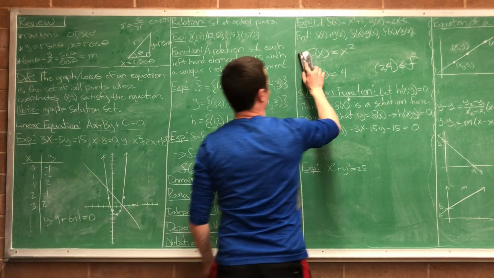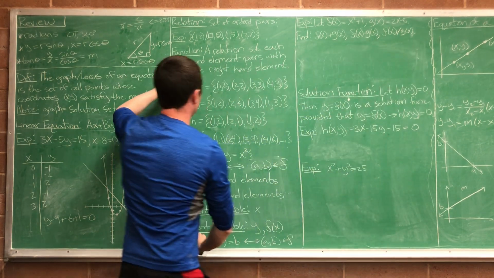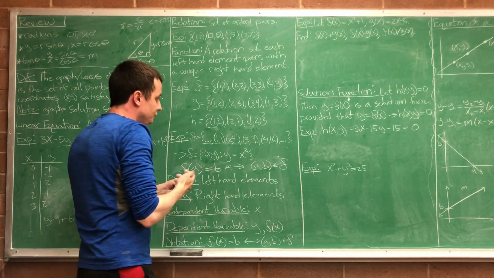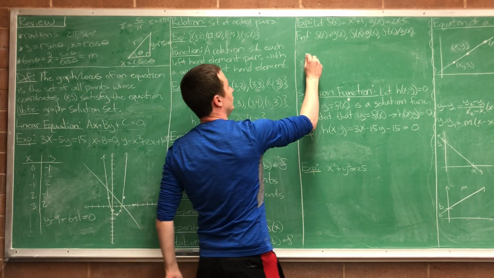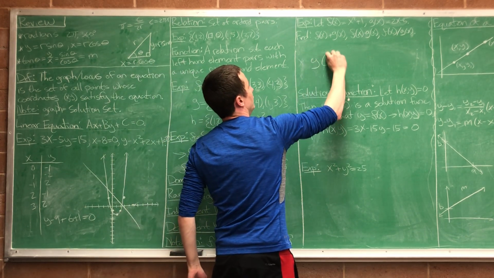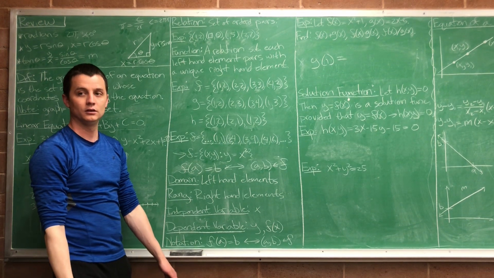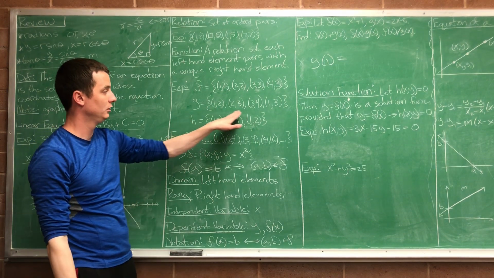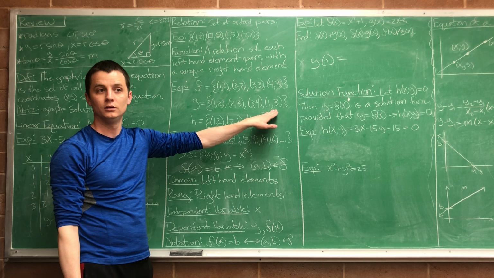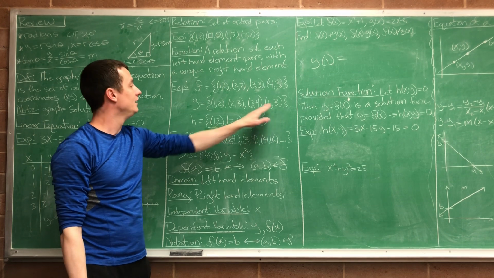Let's try a couple more with this notation. Looking at these right here, f, g, and h. What happens if I ask you for g of 1? It doesn't make sense.